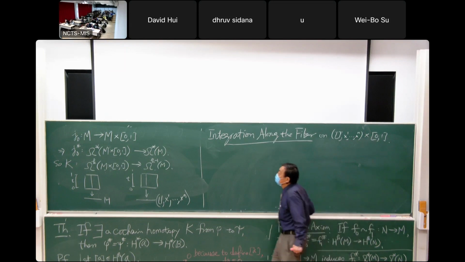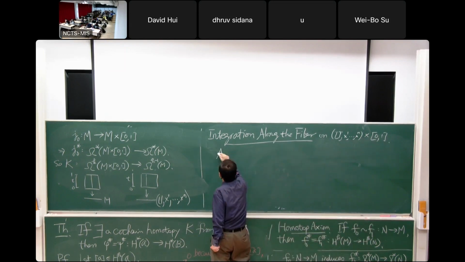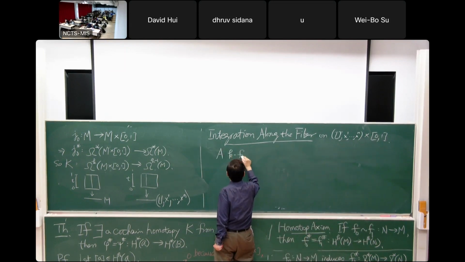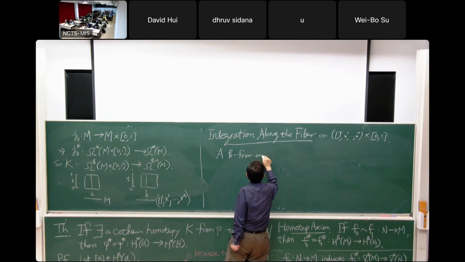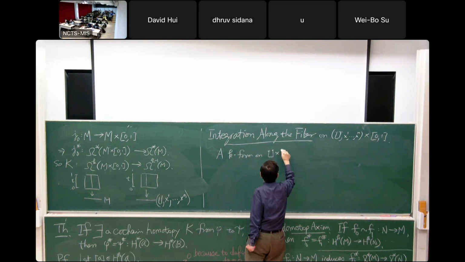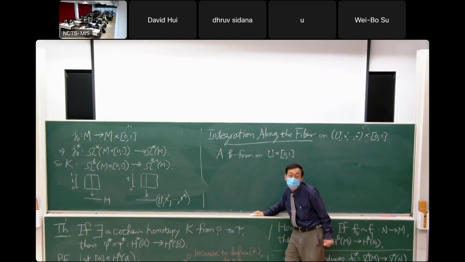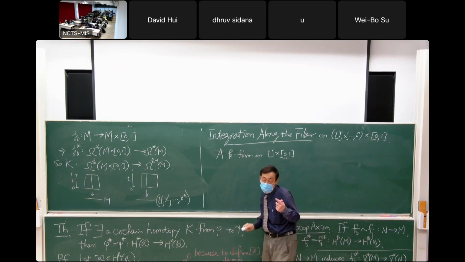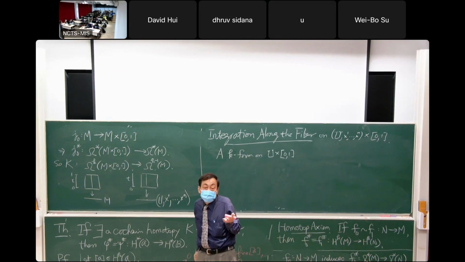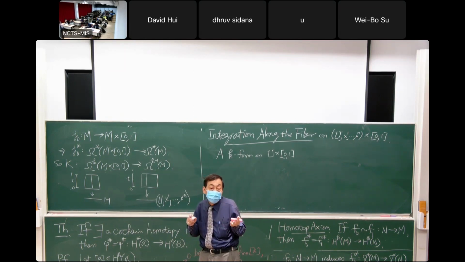So a k-form on U cross [0, 1] has to be a linear combination of wedges of forms dt and dxi.